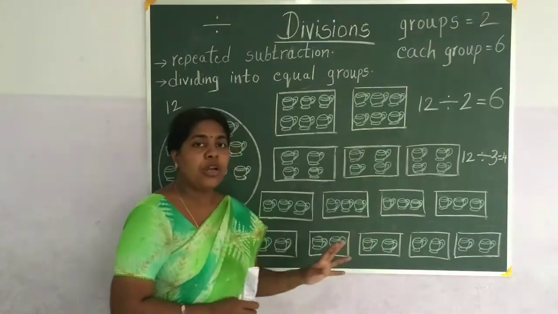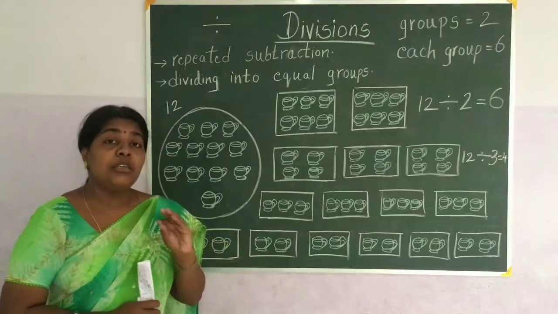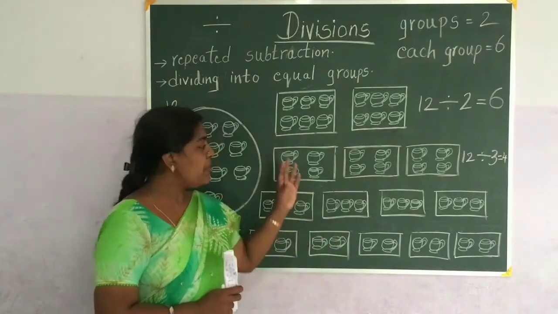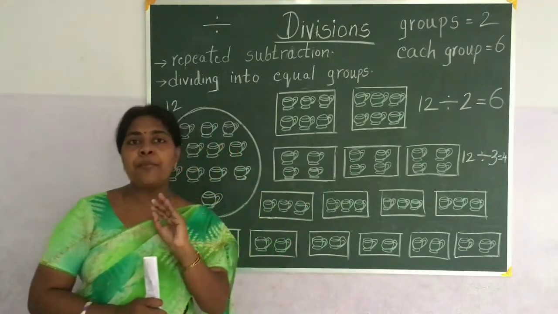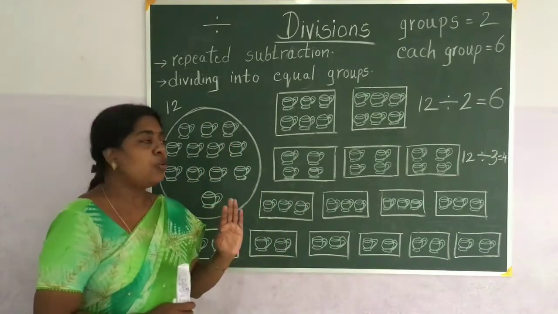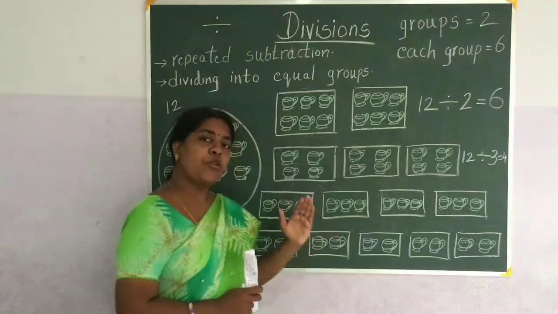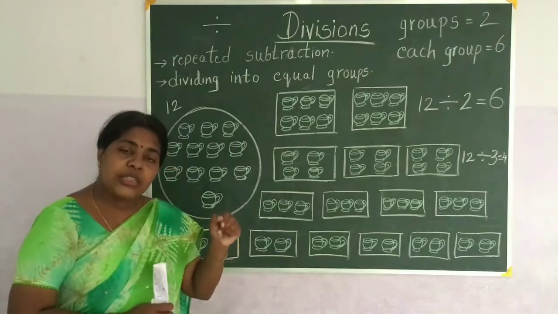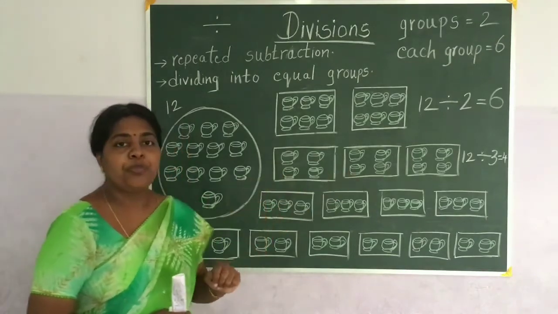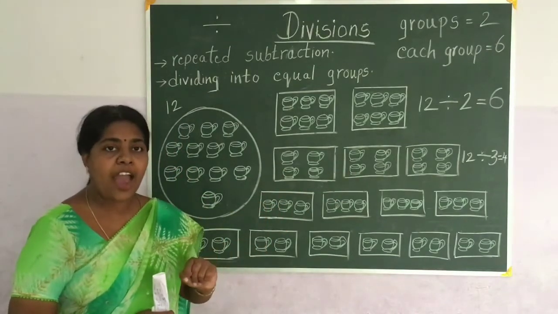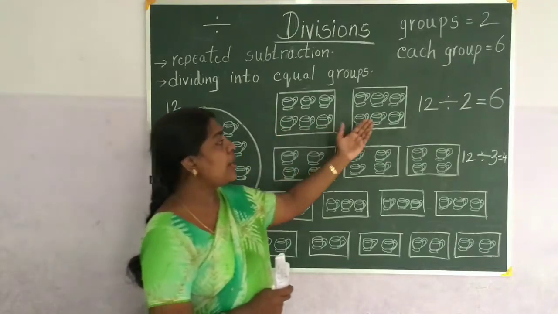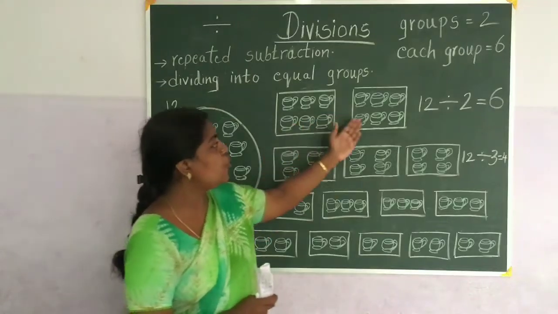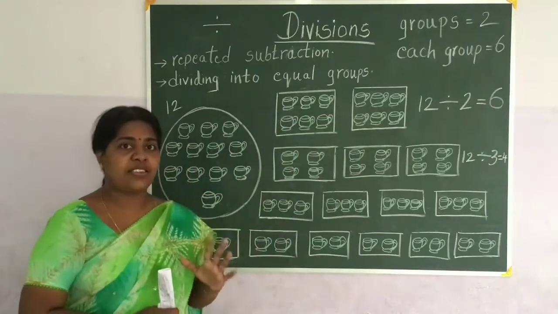1, 2, 3, 4. And you observe here, division is done equally. That means in each group I am keeping the same number of cups. So all the groups are having 4 cups. When 12 cups are divided into 3 groups, in each group we can have 4. If you divide 12 cups into 2 groups, in each group we are getting 6.